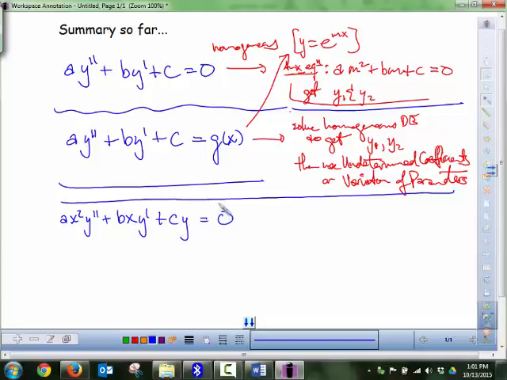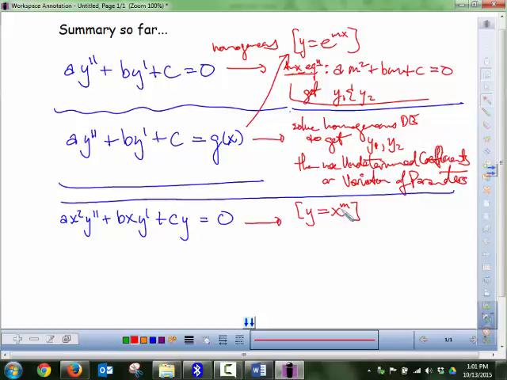And we started off solving for this when it's set equal to 0. So again, we start off with the homogeneous part. And then this time we assume that y is equal to x to the m. And in your auxiliary equation, you get your auxiliary equation by putting in the values.